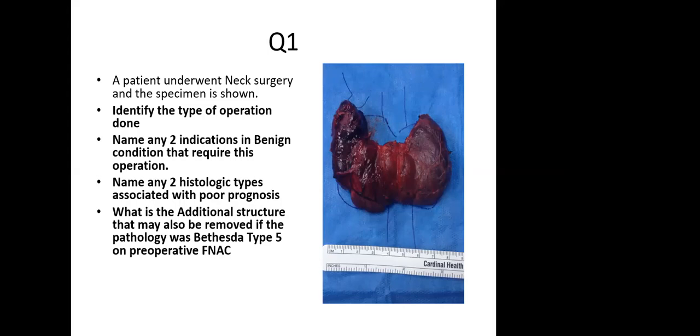Okay. So these are the structures, or forget about those. You should be saying at least the central compartment lymph nodes should be removed. Yes, can you tell me the boundaries of dissection of a central compartment?